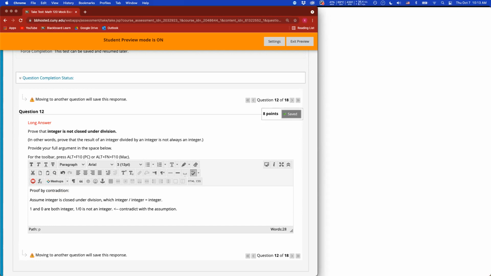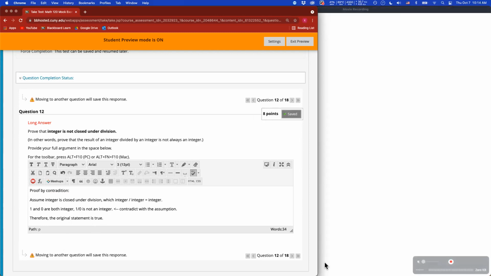So since it contradicts the assumption, therefore the original statement is true. Right, so you can give other counterexamples. You just found a counterexample where when you divide, it's not an integer, and you explained it.